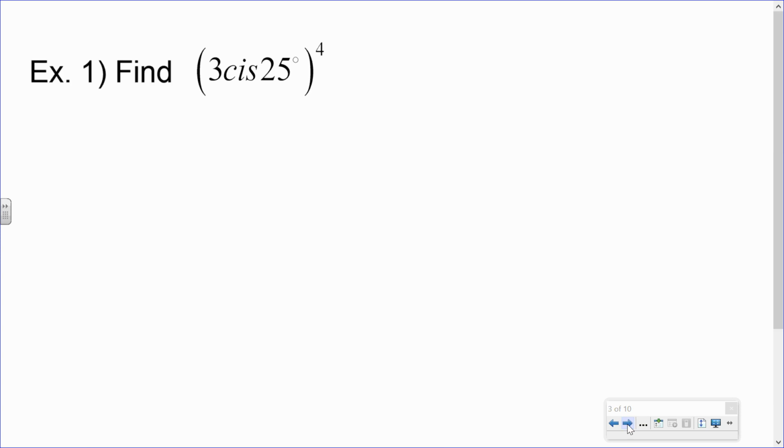Let's see if we can use DeMoivre's to take 3 cis 25 degrees to the 4th power. So help me figure out how to get started here. It said I do what with the 3? To the 4th, and what do I have to do with the angle? Multiply, because I'd be adding 25 plus 25 plus 25.